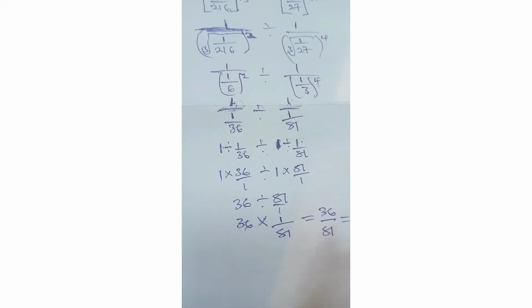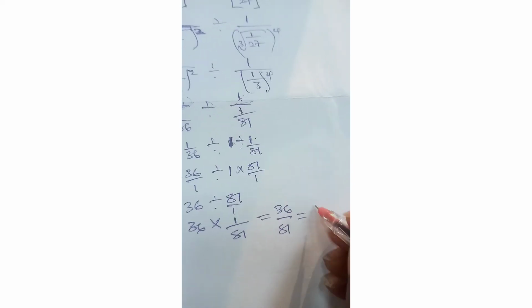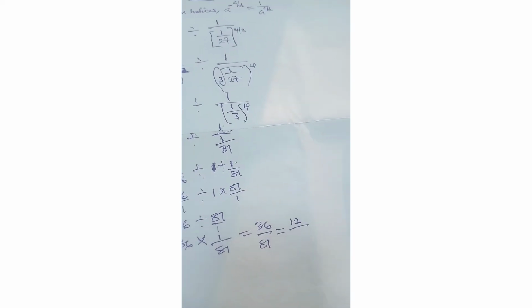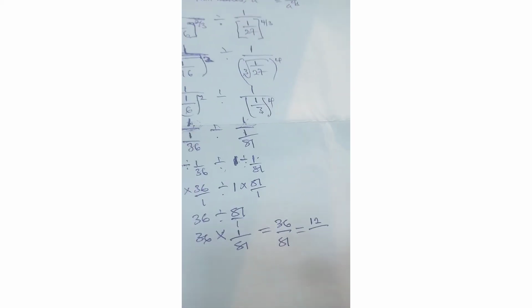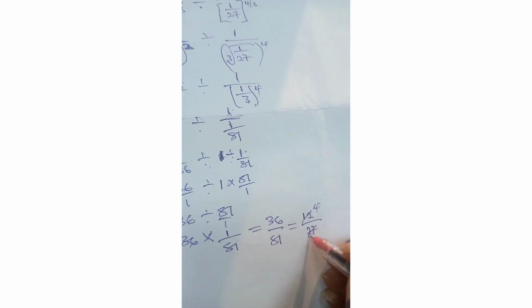If you divide 36 by 3, it gives you 12. Then 81 divided by 3 gives you 27. Then if you divide this again, it gives you 4, and this gives you 9.